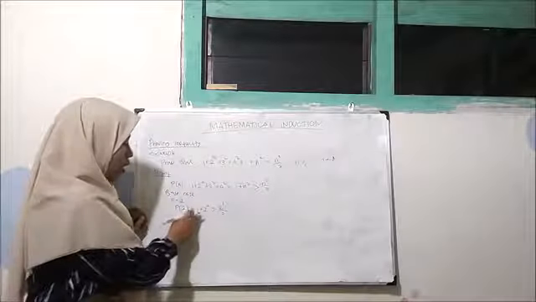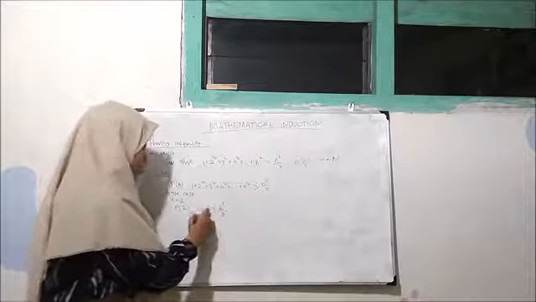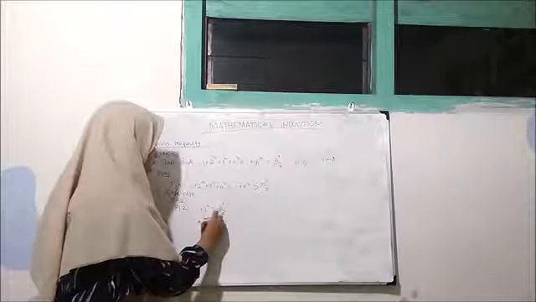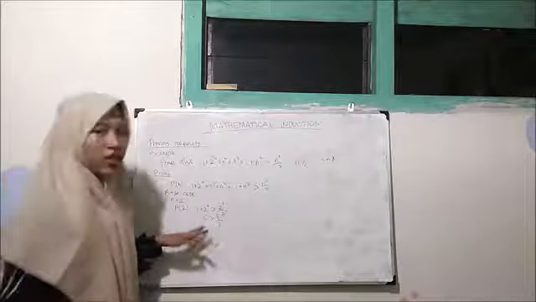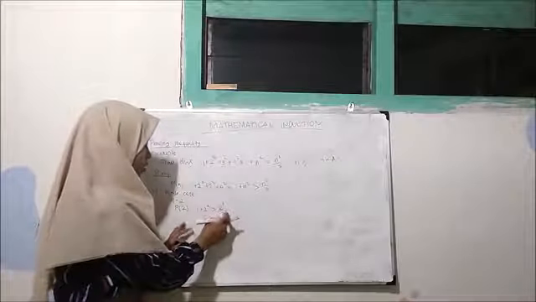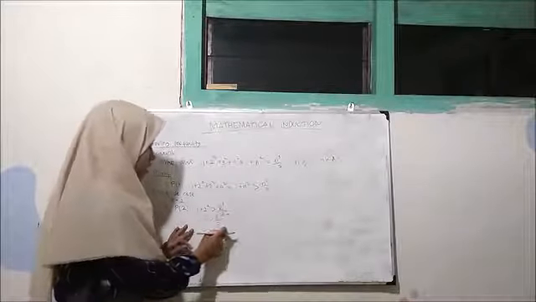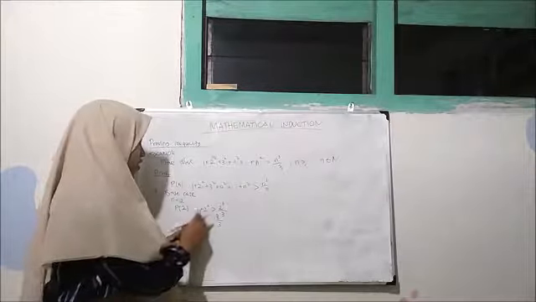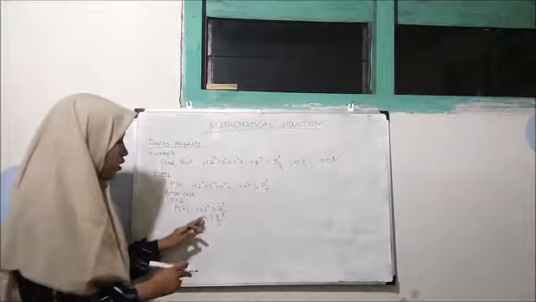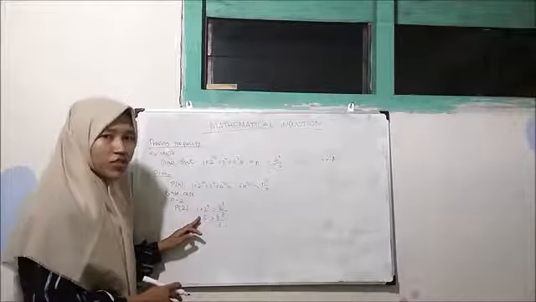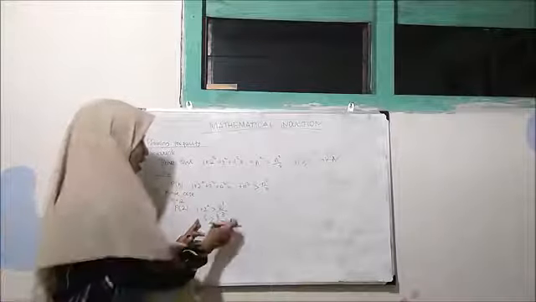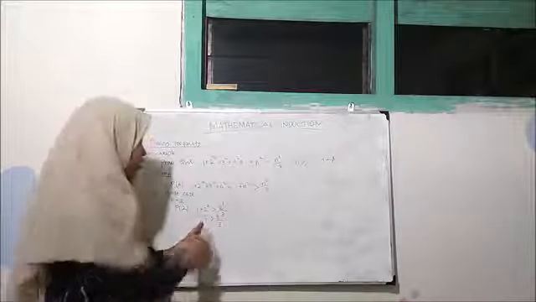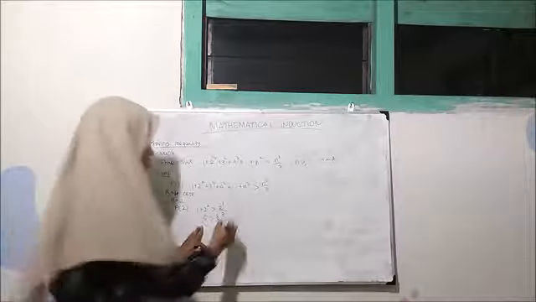This is 1 plus 4 is 5, greater than 8 over 3. Is it true? If we change 5 into a fraction, we will get 15 over 3. 15 over 3 and 8 over 3, this one is greater. So this statement is true.